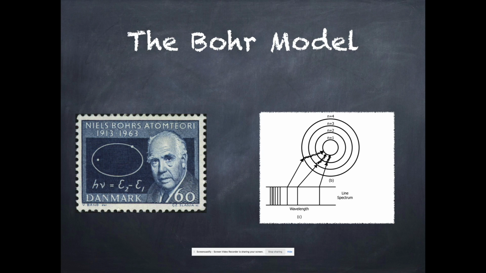Okay? And electrons jump or transition between those orbits. And when they drop from a higher energy orbit to a lower energy orbit, energy is released. And they always release the same amount of energy depending upon the distance that they drop.